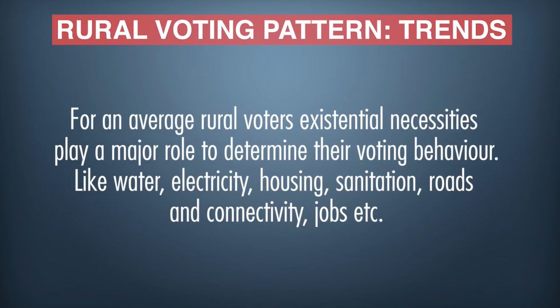For an average rural voter, existential necessities play a very important role, and therefore they would vote for political parties which would cater to their existential needs like water, electricity, housing, sanitation, roads, connectivity, jobs.